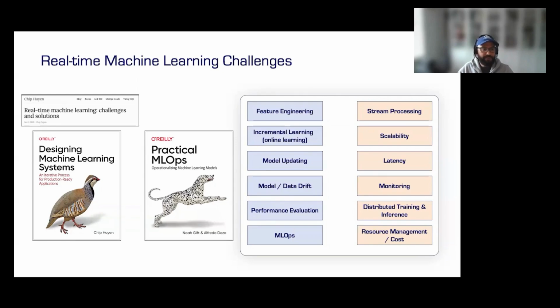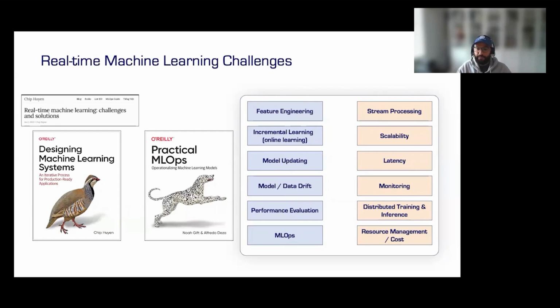One inspiration, at least for me, is Chip Huyen. She has been doing a lot of great work around this real-time machine learning field. She conducted a lot of surveys and interviews with tech companies, wrote a book, a really interesting approach, and has been extensively writing and talking about these aspects.